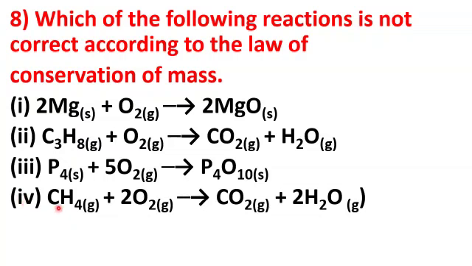Option 4, the number of carbon is 1, on the product side also 1, hydrogen on the reactant side is 4, product side also 2 into 2, 4, oxygen on the reactant side 2 into 2, 4, product side also 2 plus 2, also 4. Hence the fourth equation is also balanced. It is correct according to the law of conservation of mass.